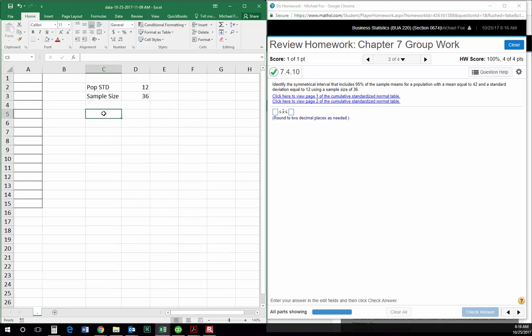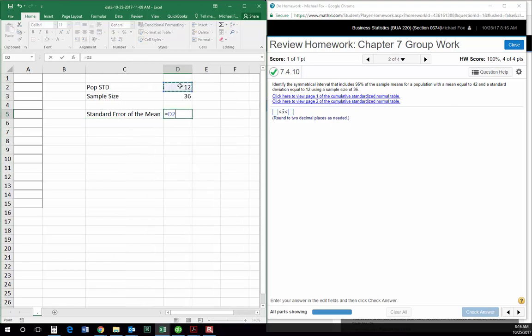So our standard error of the mean is going to be population standard deviation divided by the square root of the sample size. So, well, that's handy. Our standard error of the mean is 2.